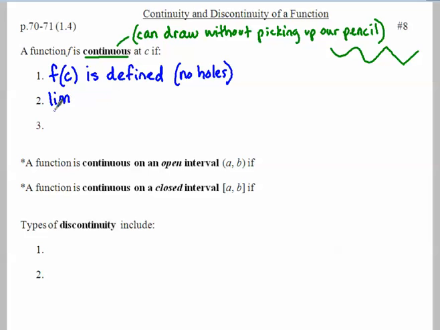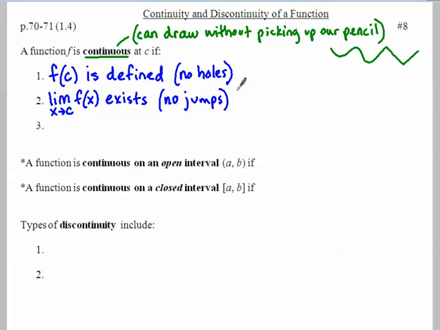Also, the limit as x approaches any value of the function has to exist. So there may not be any jumps. No jumps. Now, keep in mind what we talked about last time with one-sided limits.